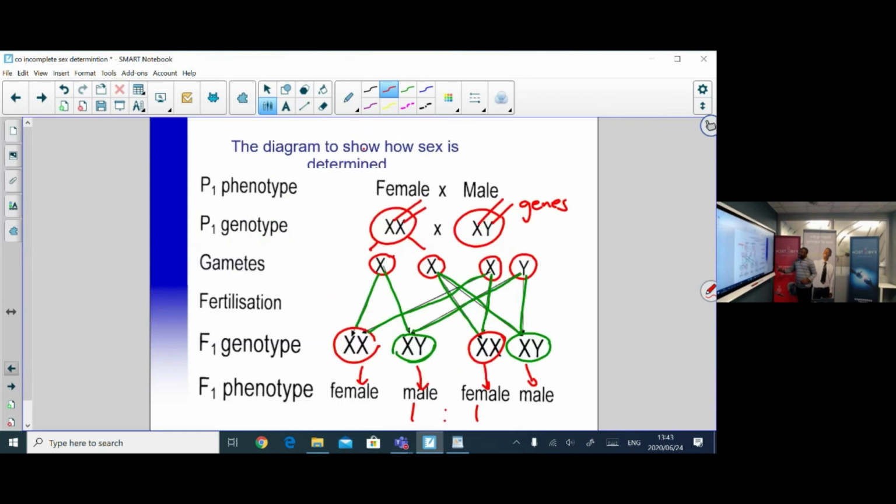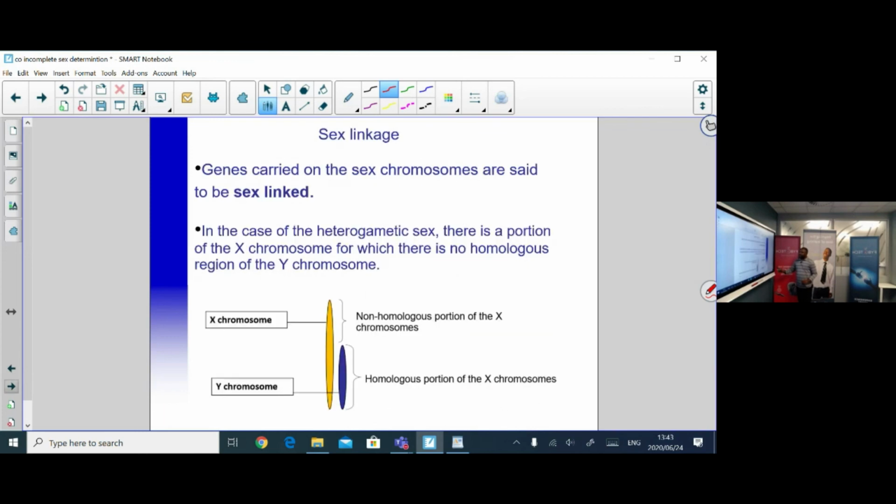So we said sex is determined by X and Y, but there are traits that are carried on the sex chromosomes. We say genes carried on the sex chromosomes are said to be sex linked. Are we following?